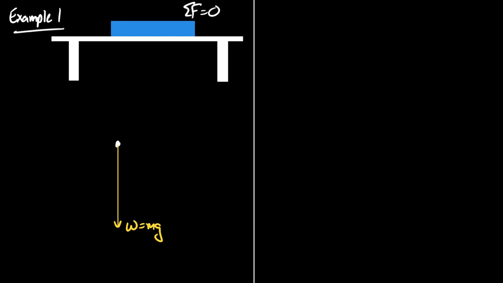Moving on to contact forces. Is the book in contact with a surface? The table. So there must be a normal force acting on the book. That force must be directed perpendicular to the table. I'm pretty sure we can all agree the table is level, so perpendicular to the table will be a force directed upwards.